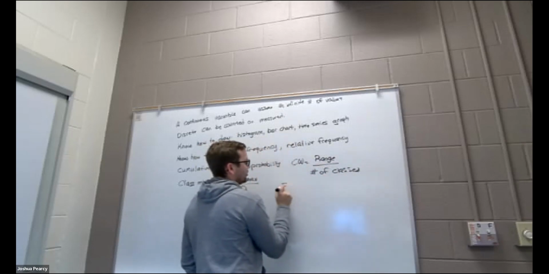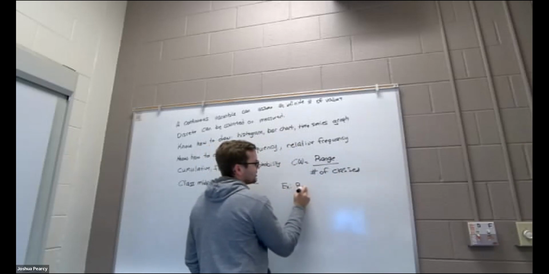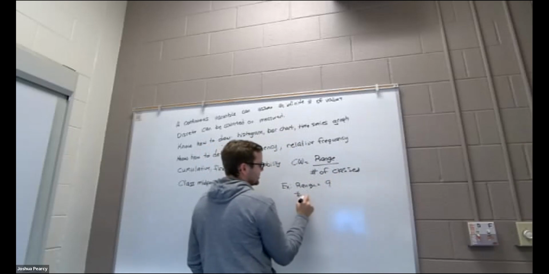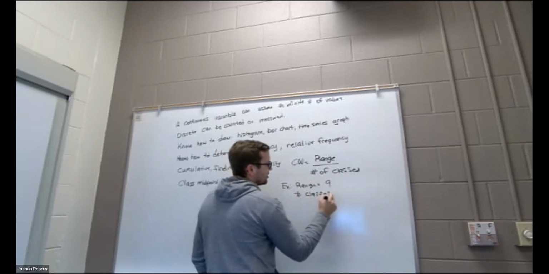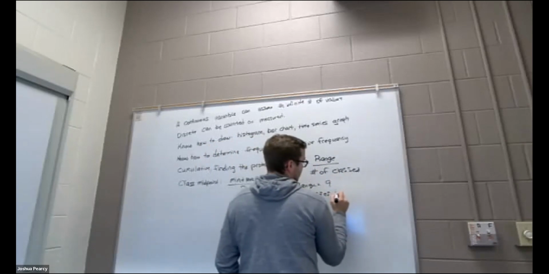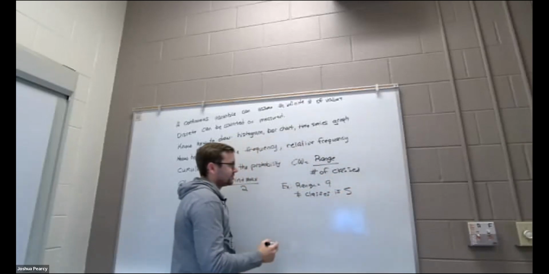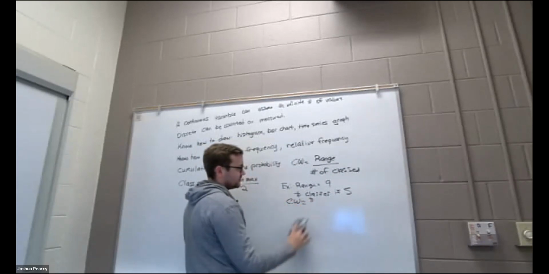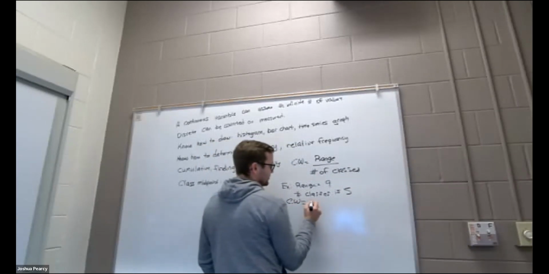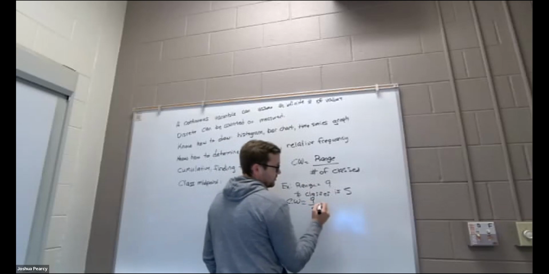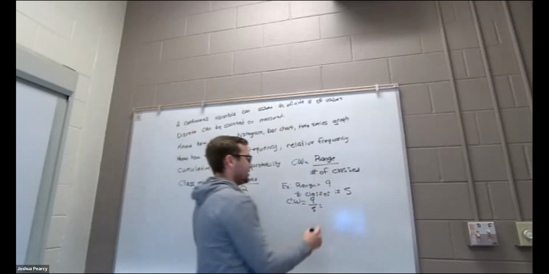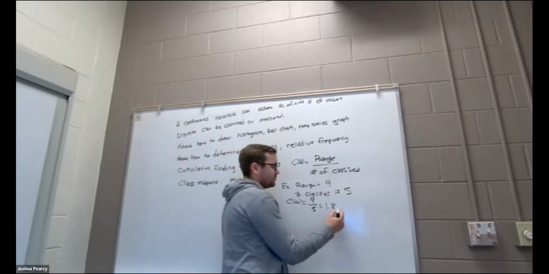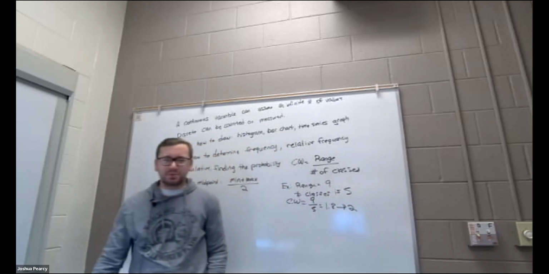So say, for example, the range was 9 and the number of classes is 5, then the class width would be 9 divided by 5, which is what? Yeah, 1.8. And if the class width ends up being a decimal, what do we do? Round up, so it'd be 2.